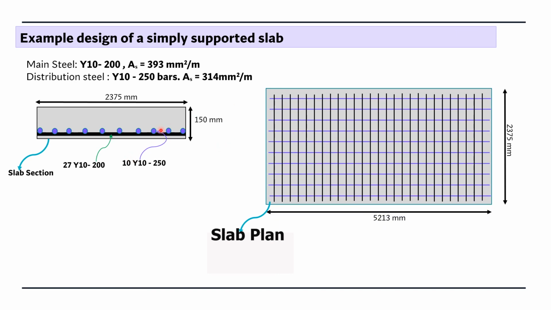This is the distribution reinforcement here. 10 in number, that is 250 centers, 2,375 mm divided by 250 centers to get 10. The main steel was 27, which is 5,213 divided by 200 plus 1, or to the nearest whole number.